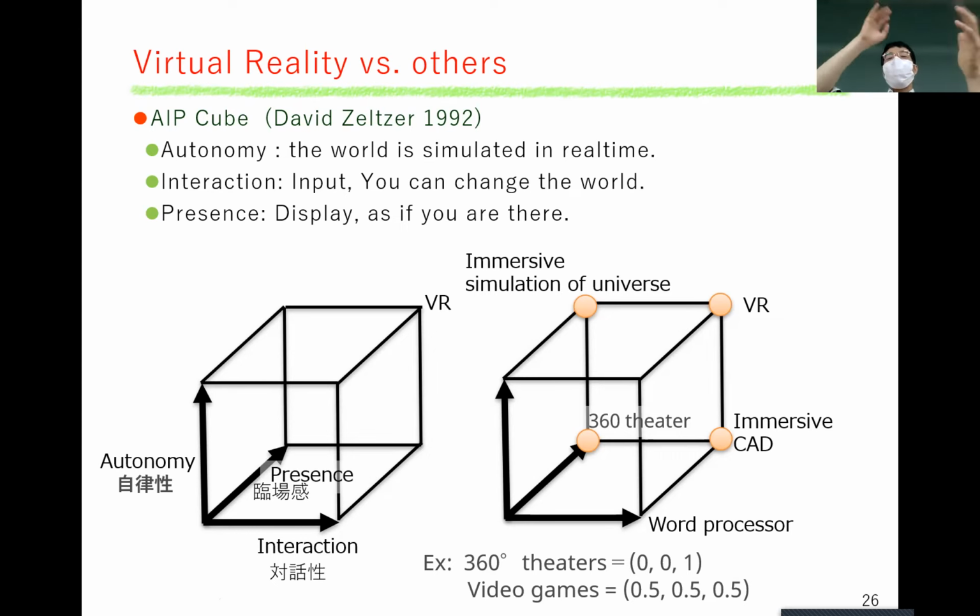So this changes what we see. So the planetarium has some autonomy, so maybe it is placed here, and completely, you can feel as if you are under the sky. So the planetarium will be placed around here.